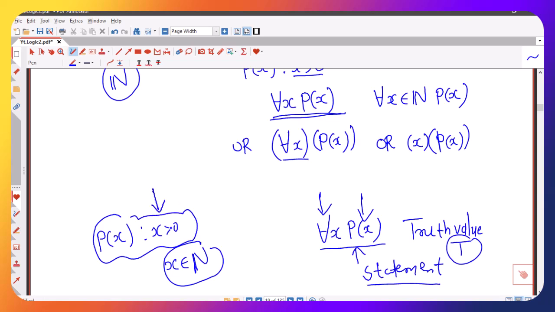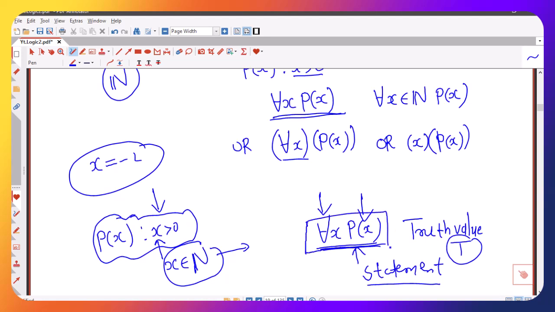This is a statement function because here x is greater than 0, and x can take any value. We have not specified any domain here. Suppose we are using x equal to -2, then it is going to be false. But if we specify the domain and use this universal quantifier, then we obtain this statement which is always true.